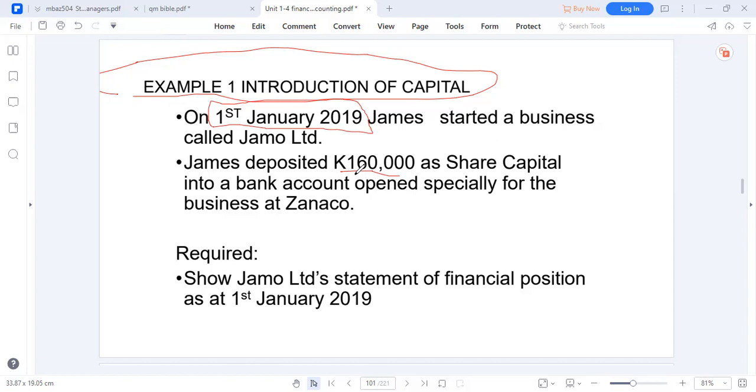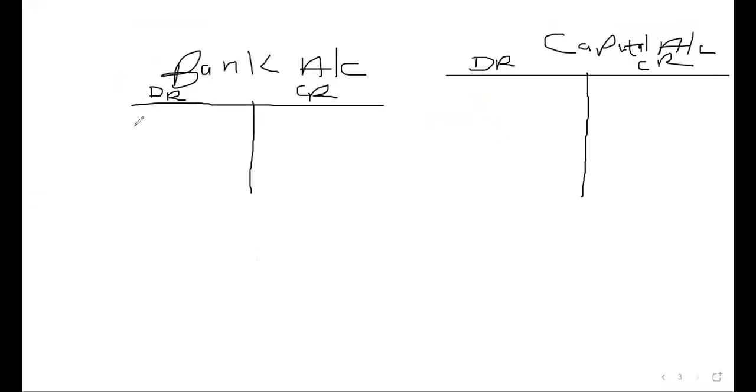So the capital account was giving away because that money went to the bank. So you say 01/01/19, the bank received. That's why I'm putting it on the debit side. The bank received 160,000.